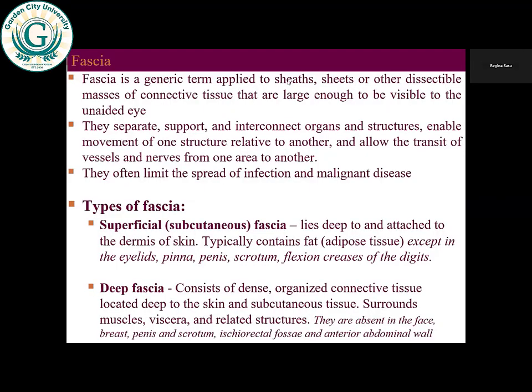Let me see whether I have some questions. Please go back to the tissue membrane. Please, you say only synovial?